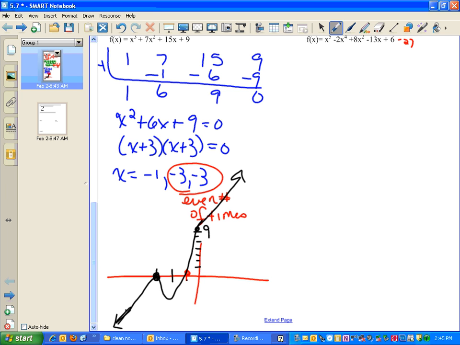So a root that occurs an even number of times touches that root and either goes back down if it approaches it from underneath or bounces back up if it's coming down to that value. So that's a bounce. So even number of times you bounce at the root or touch it, just touch it.